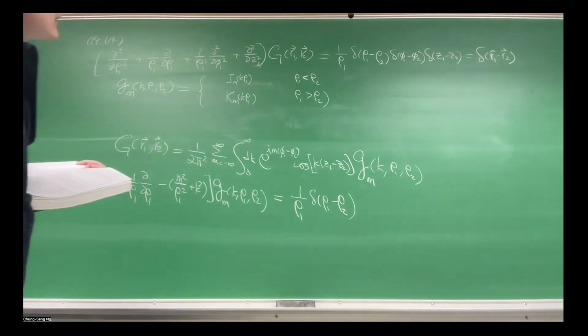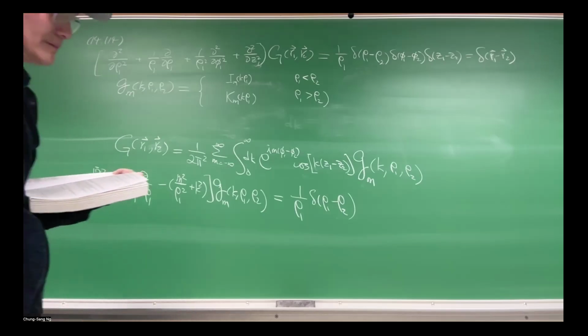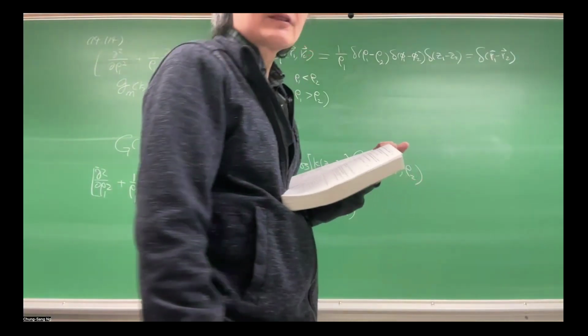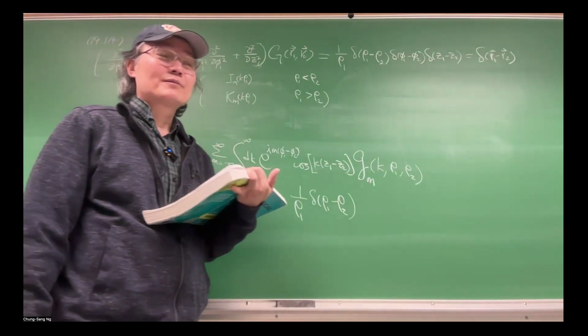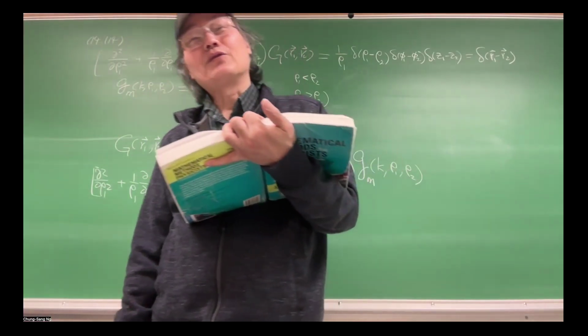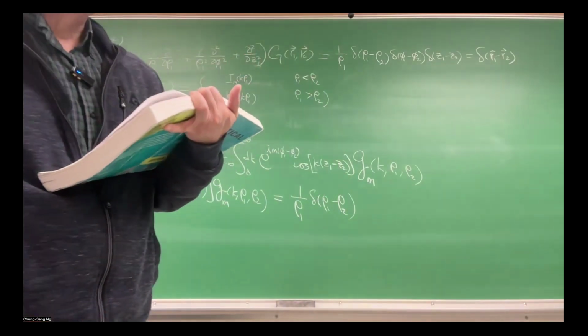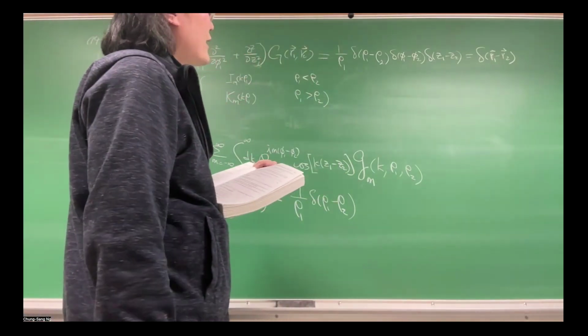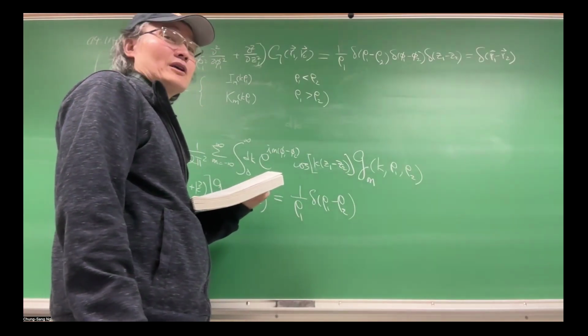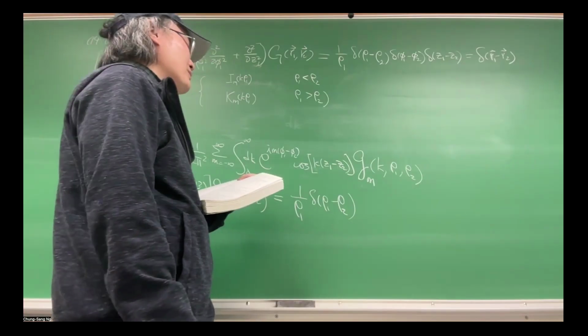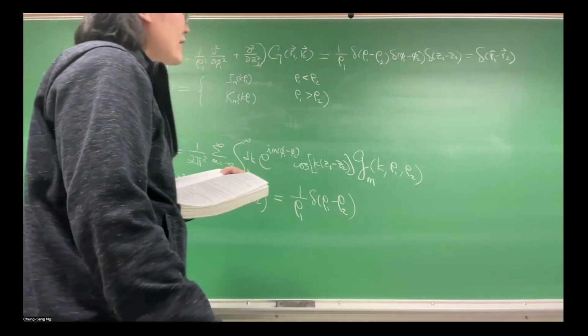Just like last time I mentioned, this Green function is like the electric potential for a point charge at rho sub 2. You want to find the electric potential at rho sub 1, or r sub 1, for a point charge at r sub 2.